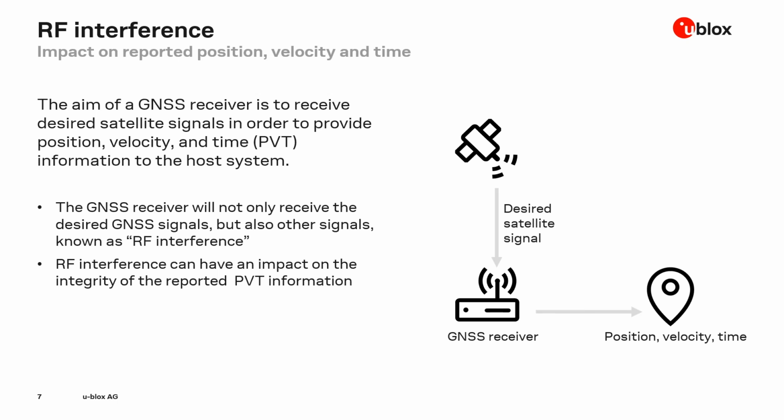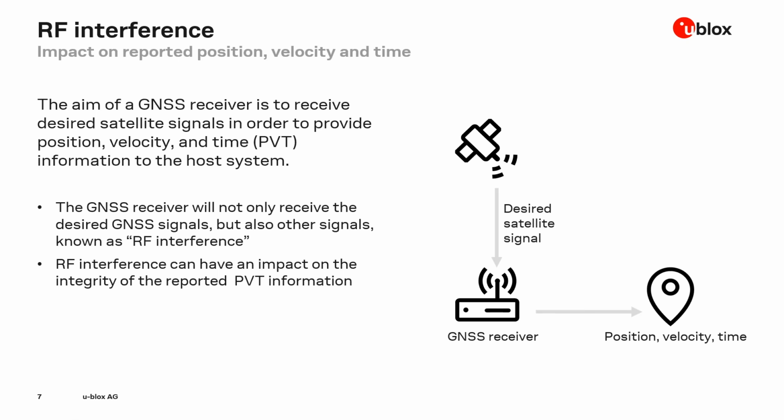The important point why we talk about this topic is really that RF interference has an impact on the GNSS receiver and can basically lead to a change in the reported information from the receiver. So later in the presentation, we will also see what the impact factors are and how serious they are from certain sources of RF interference.